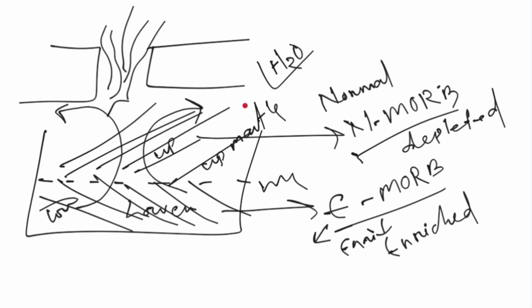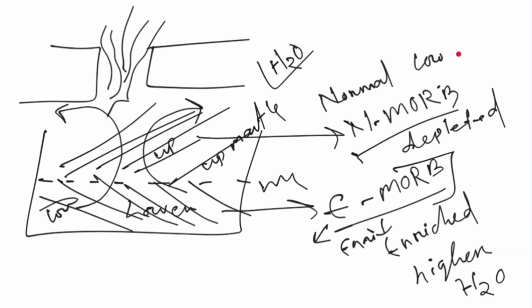Yes. So the lower mantle has more hydrous content than the upper mantle. You can say E morph has higher H2O content, because it taps the lower mantle, and N morph has lower H2O content.